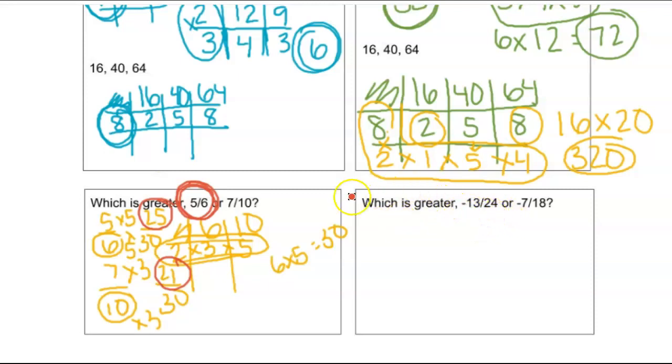So the larger it is, the farther on the left that it is. This 7/18 is less than 1/2 because I know that 9 is half of 18. 7 would be less than 1/2. So the greater number is this one because we have to think opposites, because we're doing negatives.